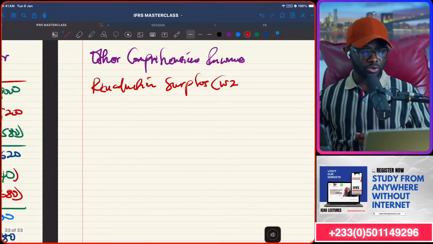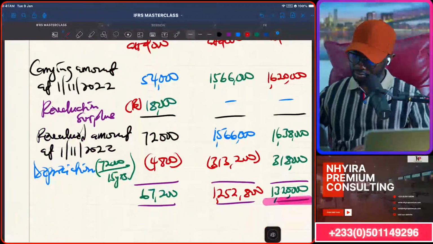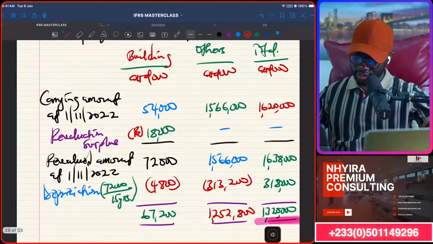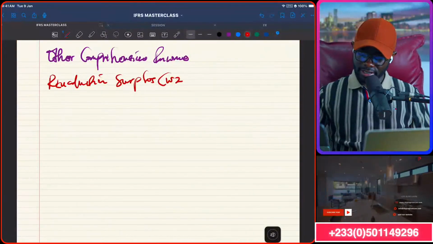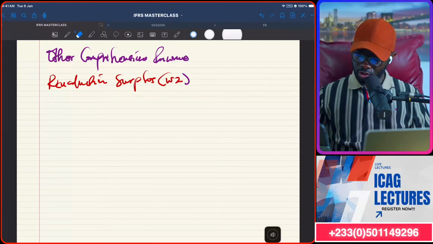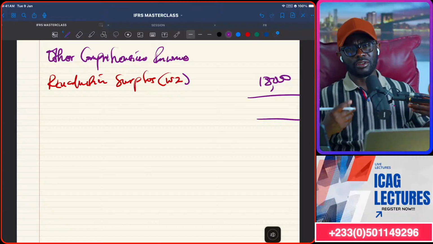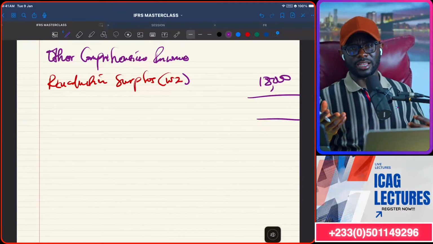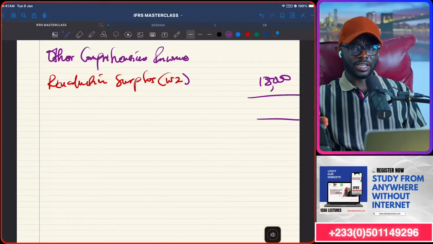From working 2, if you remember, the revaluation surplus was 18,000. We were not told the entity makes any transfer. Normally when an entity revalues depreciable assets, more depreciation will be charged than it should have charged, and so we have to compensate the shareholders.